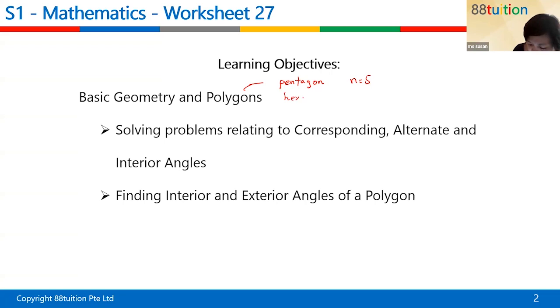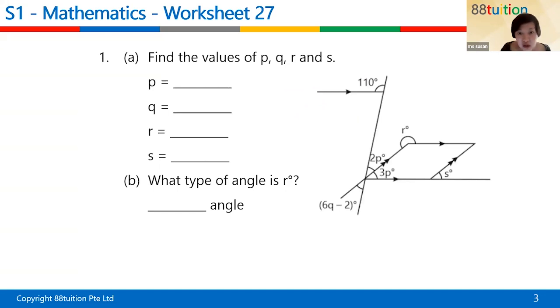Then you can have a hexagon, where n is 6 sides, an octagon, and so on. When n is 9 it is a nonagon, and 10 sides and 12 sides also have names, but usually they are quite rare. Sometimes in exam they give you the names and the sizes.